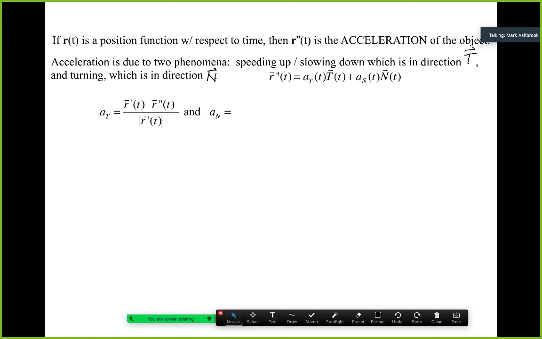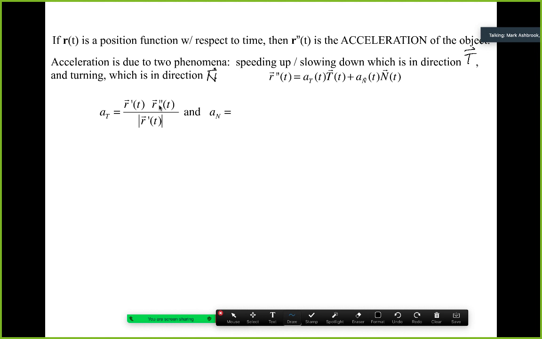All right, so let's talk about those real valued acceleration components. So this is the tangential acceleration as a real valued function. Here we have all of the acceleration, the second derivative. Do we want as much of that as is in the direction of r prime, or orthogonal to r prime, if it's tangential acceleration?